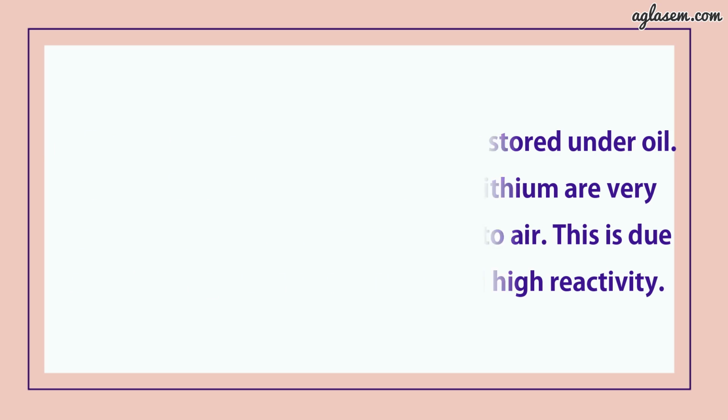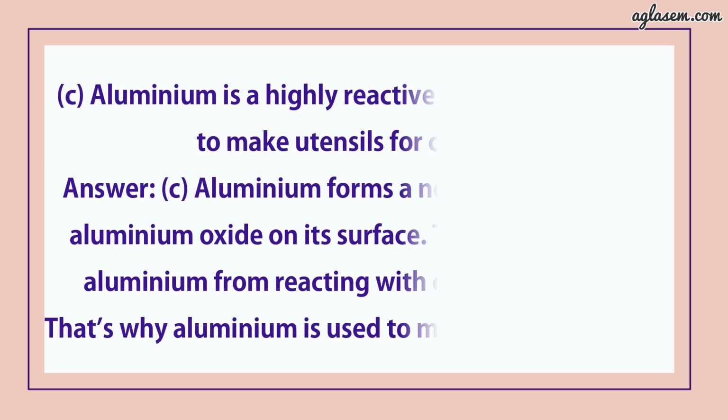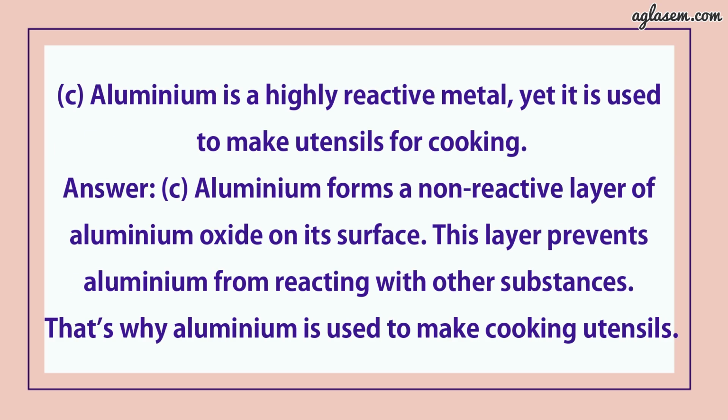The third is, aluminium is a highly reactive metal, yet it is used to make utensils for cooking. Answer is, aluminium forms a non-reactive layer of aluminium oxide on its surface. This layer prevents aluminium from reacting with other substances. That's why aluminium is used to make cooking utensils.